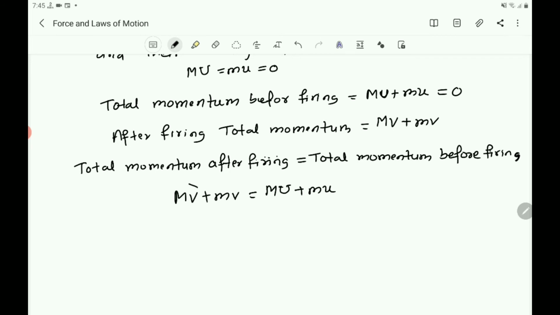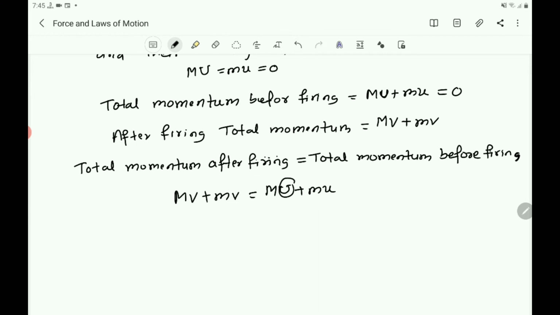This is the momentum of the gun after the firing. This is the momentum of the bullet after the firing. This is the momentum of the gun before firing. This is the momentum of the bullet before firing. So the total momentum after the firing must be equal to the total momentum before the firing.